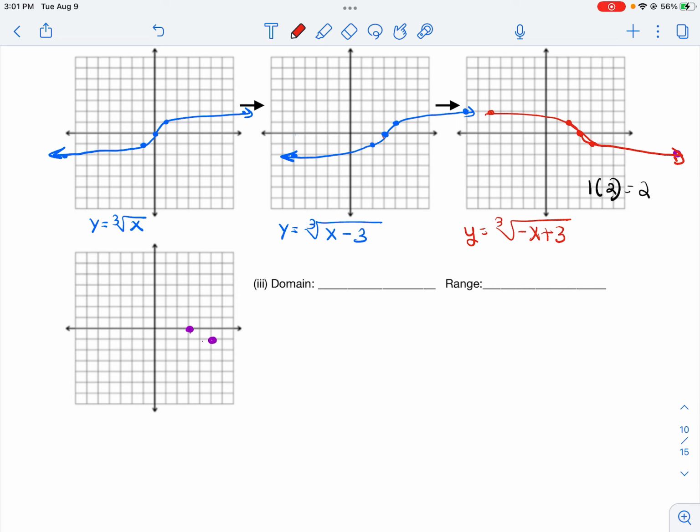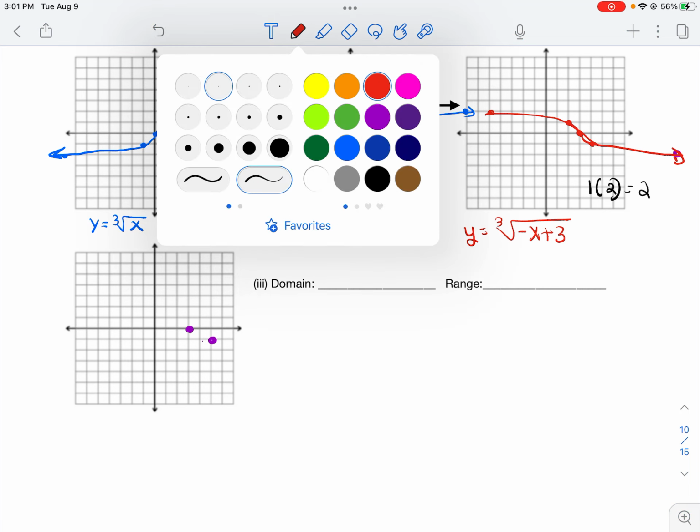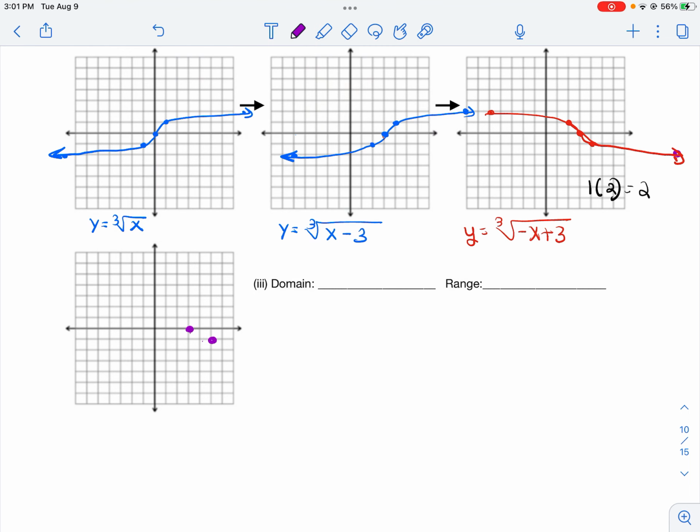So now I need to go still over 8, so 1, 2, 3, 4, 5, 6, 7, 8. But this time instead of going down 2, I've got to take 2 times 2, so down 4. And that gives us this point.